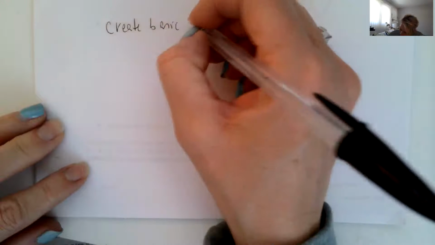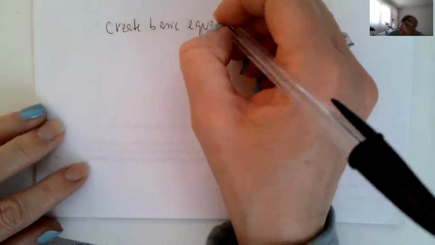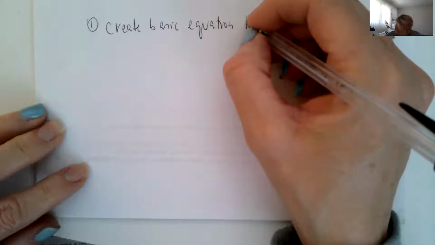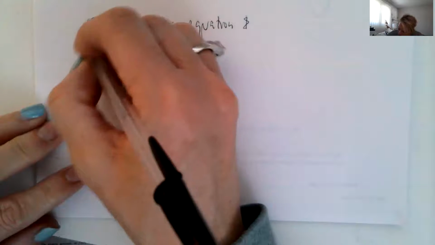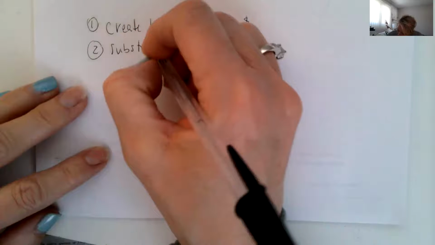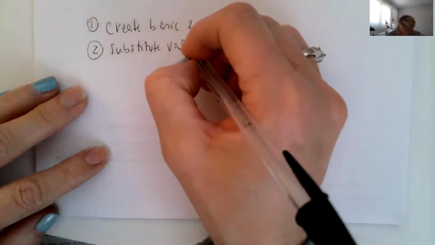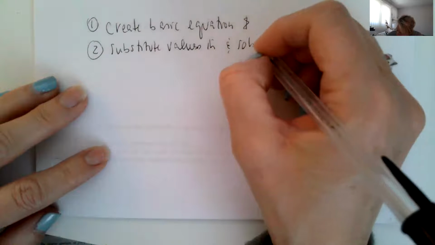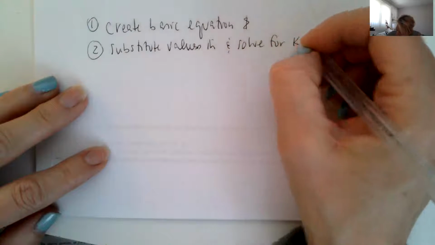So let's go over your steps. You would create a basic equation. Then your second thing is substitute values in and solve for k.